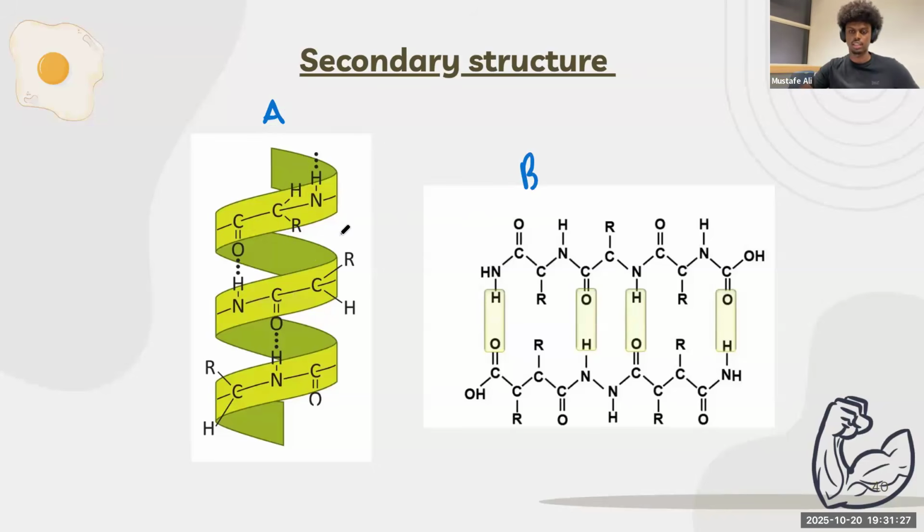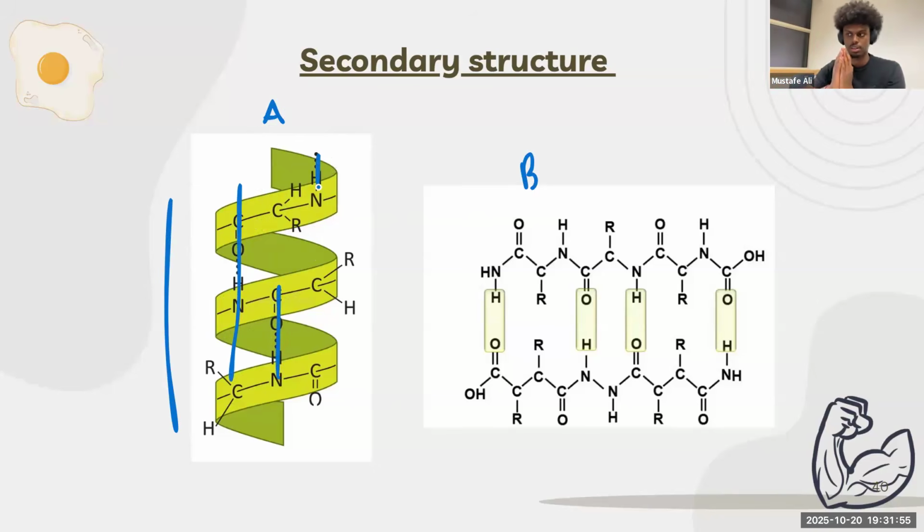Now, the alpha helix looks like a curl. The reason it's built like this is that the hydrogen bonds that form in the alpha helix are parallel to the polypeptide backbone. Let's say the polypeptide backbone is heading in this direction; this hydrogen bond is parallel to it. In other words, this is the polypeptide backbone, and these are the hydrogen bonds that form inside of it.